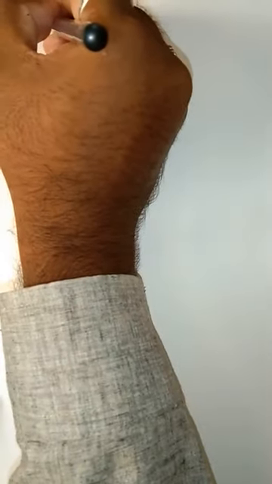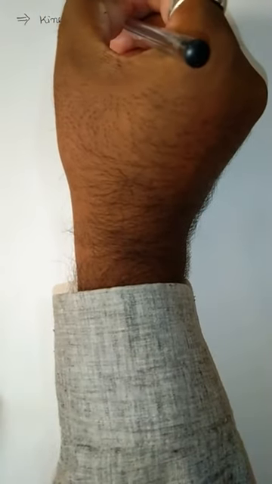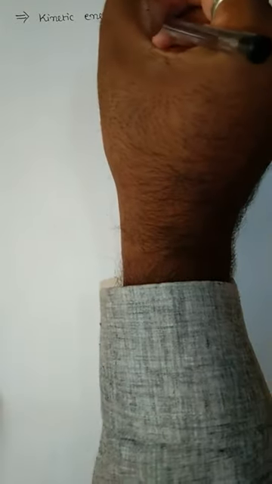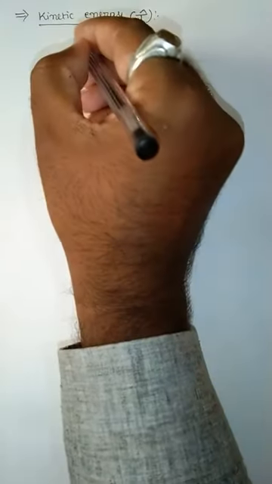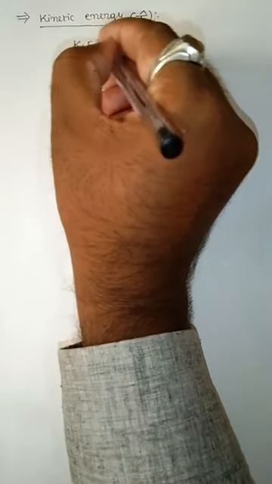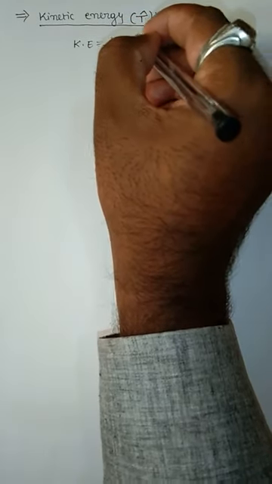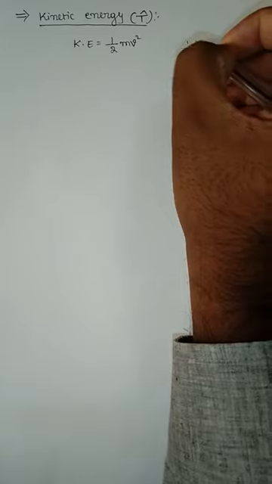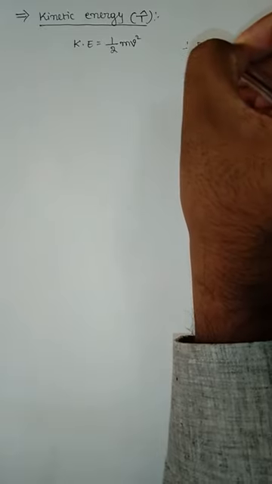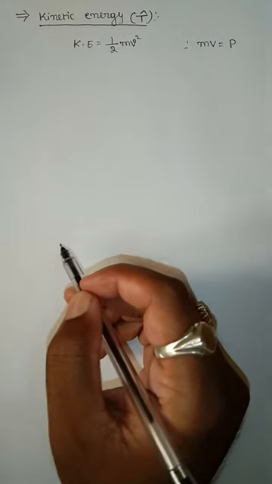Thirdly, we shall go with kinetic energy, and we have the symbol for kinetic energy, that is T cap. The equation for kinetic energy is KE equals half mv square. Just now I said mass into velocity is nothing but momentum, that is p.